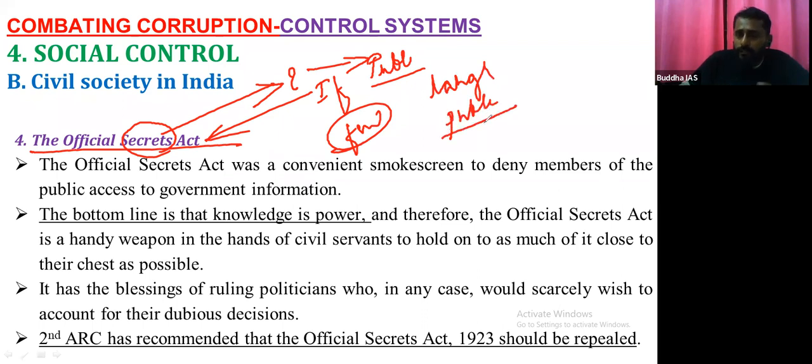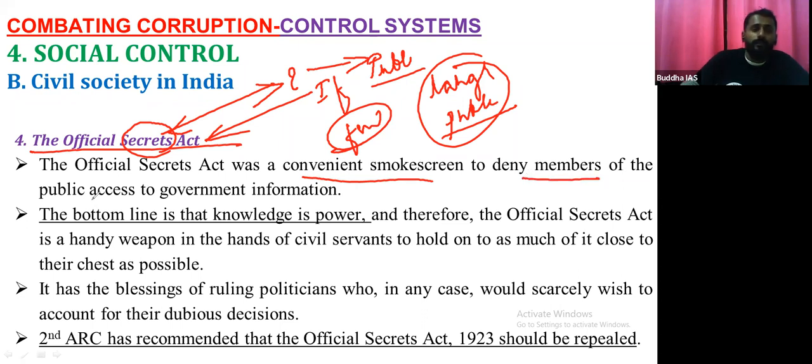We are maintaining something secret in the larger public good. If this secret is not helping the public, it is not in the interest of the public, then that secret should be revealed. Right?